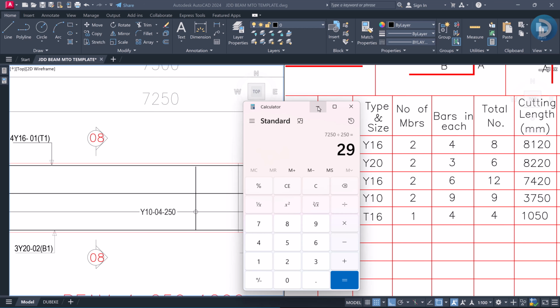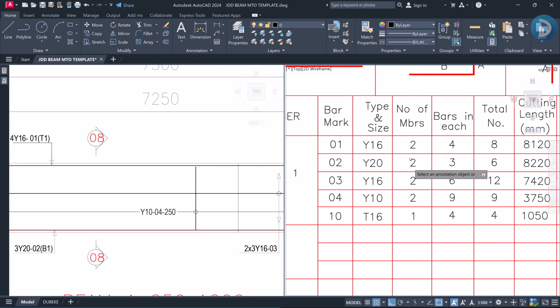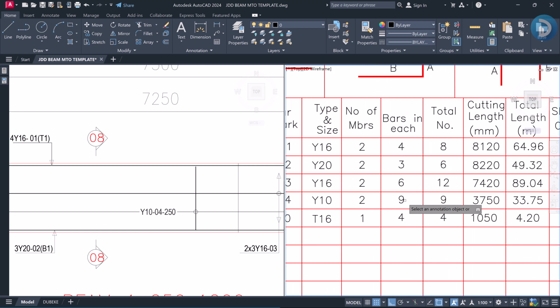So we'll take this to 29. The total number for the two beams of beam 1 will be this multiplied by this, which gives us a total number of 58.